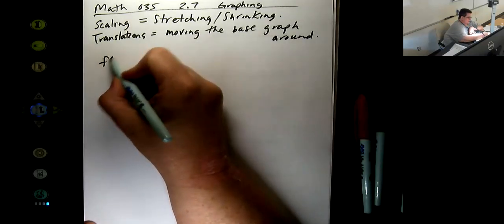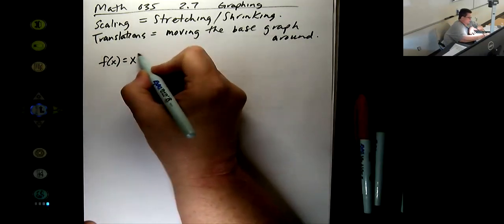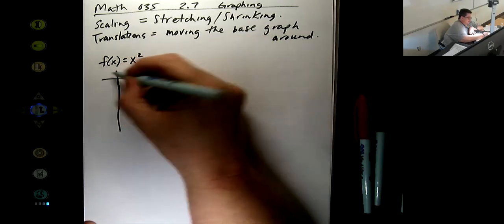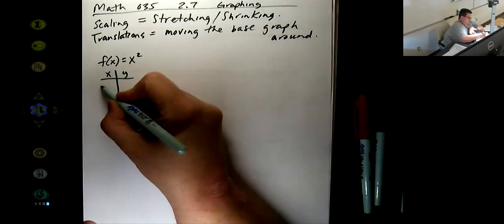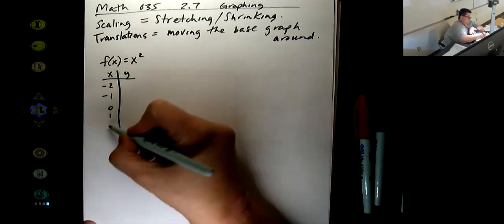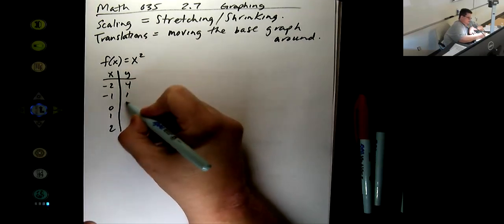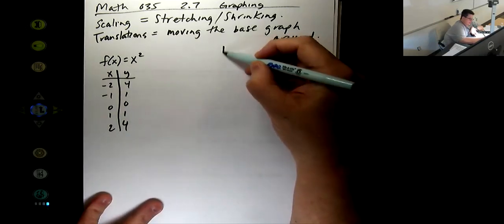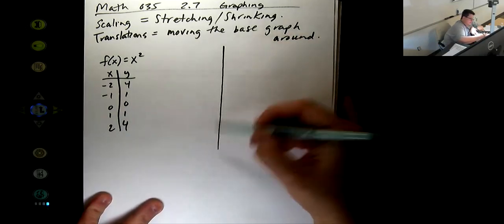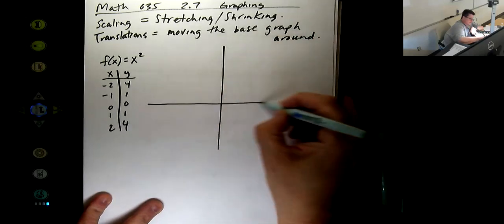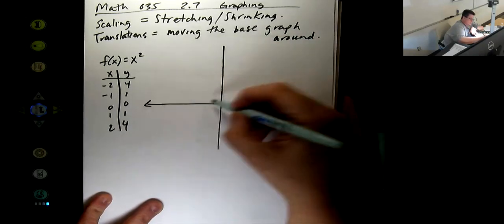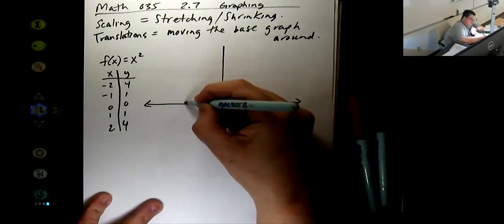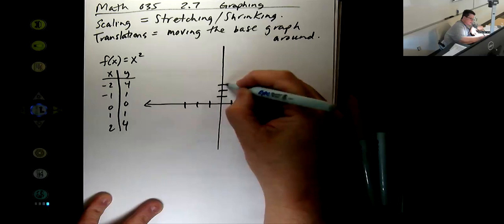So recall we did our base graph for f of x equals x squared. We made our little table and we'll plot this out. Try to get these evenly spaced, looking right.